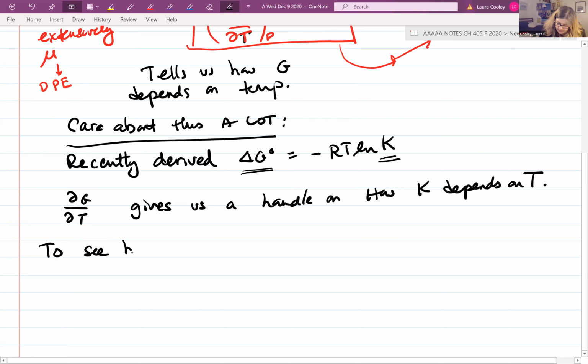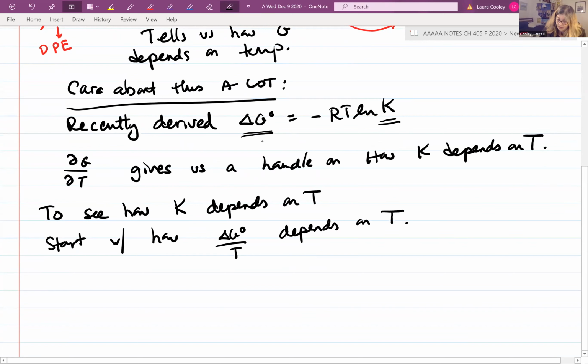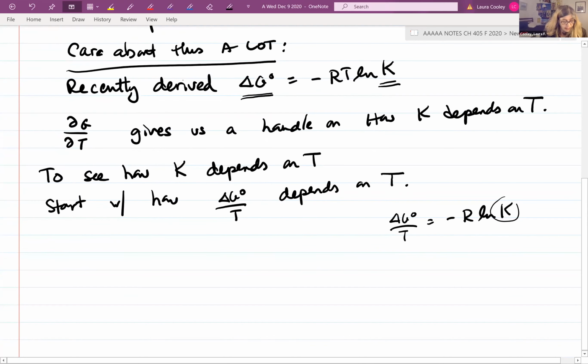So we are going to start. To see how K depends on T, we start with how delta G0 over T depends on T, okay? Because you could see delta G0 over T is minus R log of K, and that's a very direct function of K. So this is what we want to know, but we're not going to get there right away.